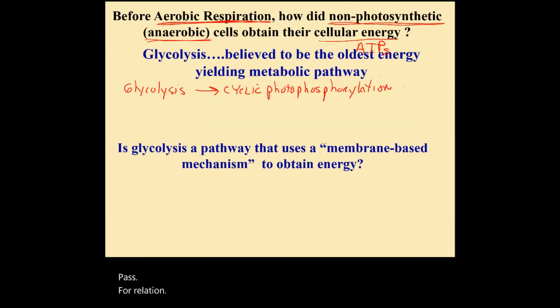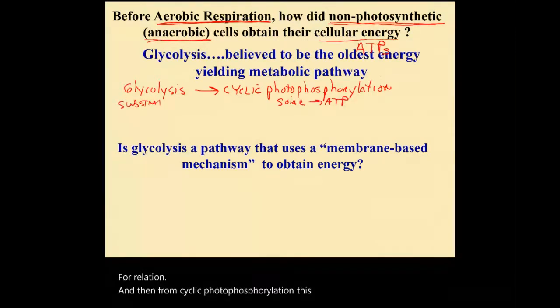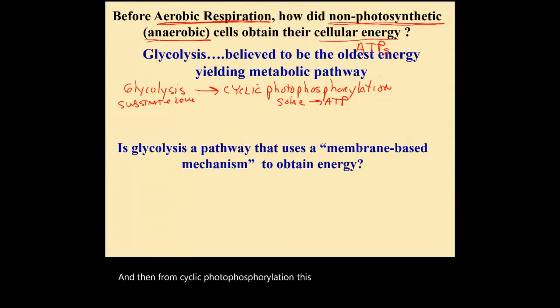And then from cyclic photophosphorylation, this was using solar energy. Substrate level phosphorylation to make ATP, right? Glycolysis. This is using solar energy to make ATP.